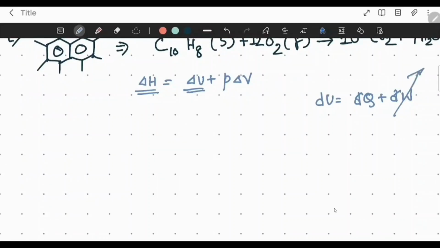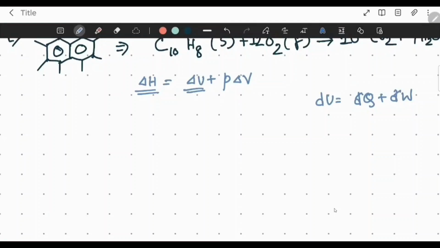So d cross w is eventually 0. This d cross w is the mechanical work, but this du is actually the heat.